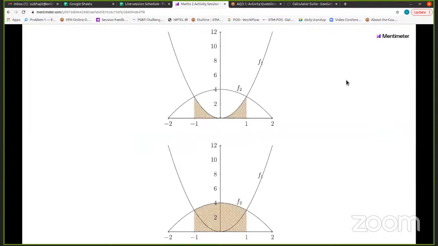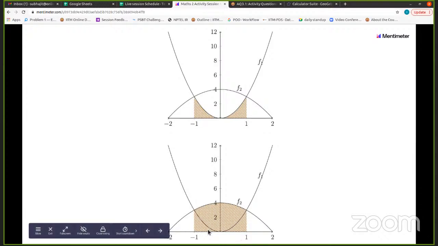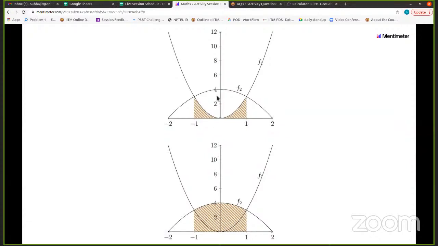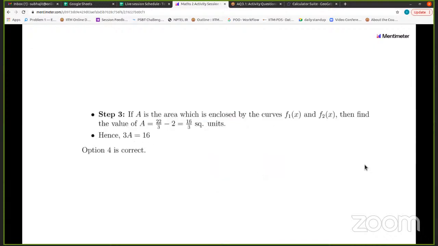For the first function this is the area under the curve, and for the second function this is the area under the curve from -1 to 1. If you take the first as A1 and the second as A2, then A2 minus A1 will give us the area in between them. This is the diagram representation. So we get the area to be 16 by 3, and 3A will be 16.